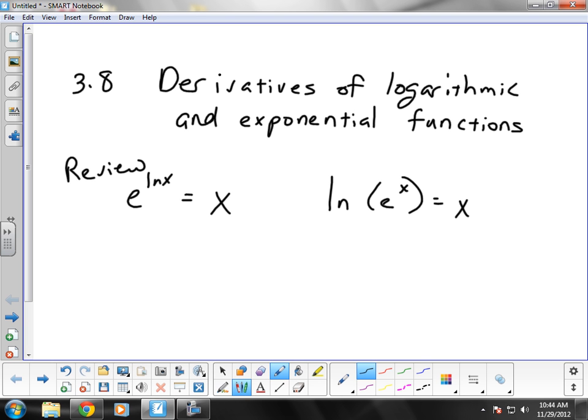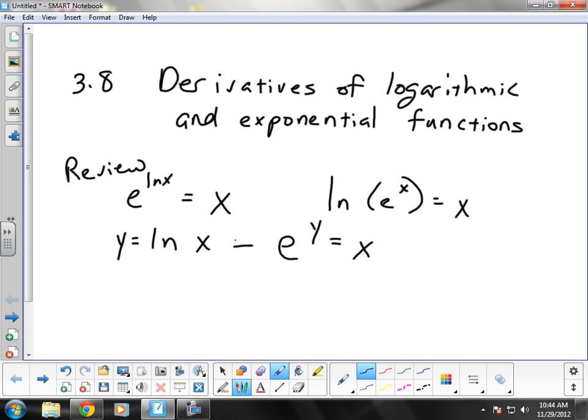The other thing I want you to remember is that the way we worked with the ln of x is that we changed it into an exponential equation, most of the time. And what's the base of an ln? e. So I'll have e to the answer of an ln question, because the answer to an ln question is the exponent. So e to the y is equal to the argument.